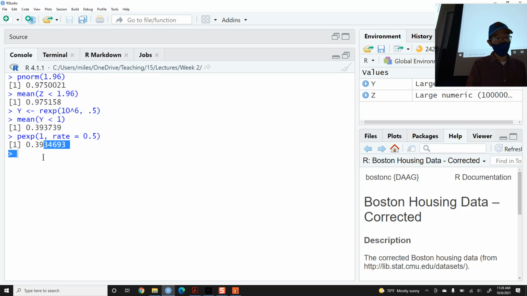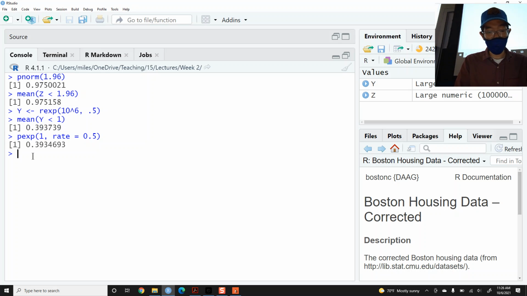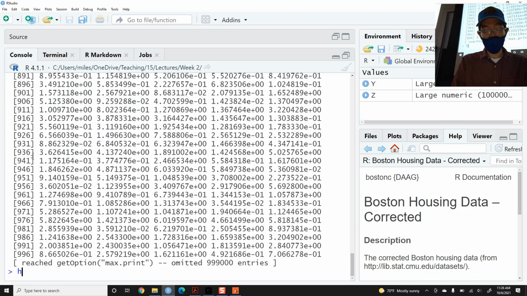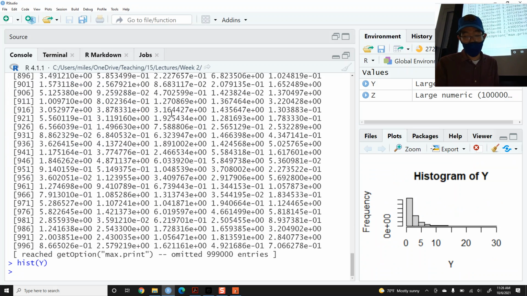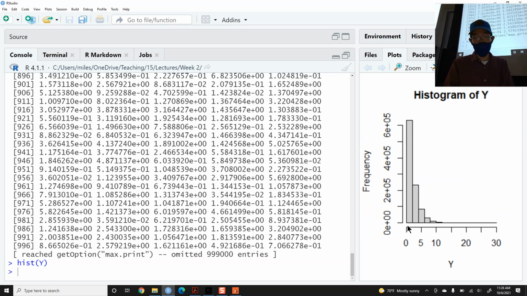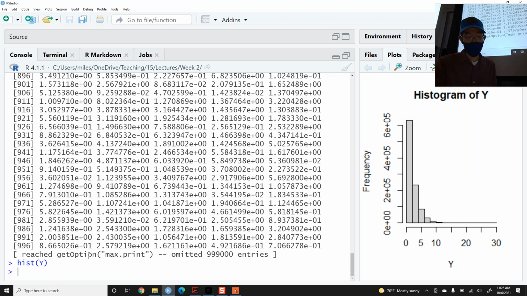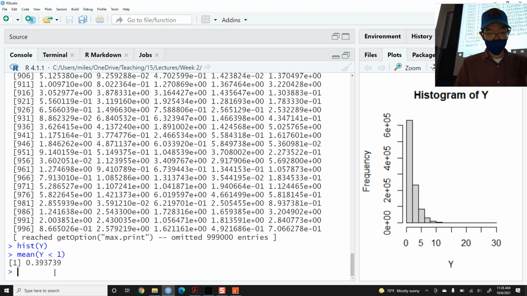The true value is 0.3934693. Again, if we take a look at the actual values of y, they look like this, and you can ask for a histogram of y. And we can ask what proportion of these are less than 1? By comparing how many of our actual values are less than 1, we're getting an estimate for the cumulative distribution function. Is that okay?